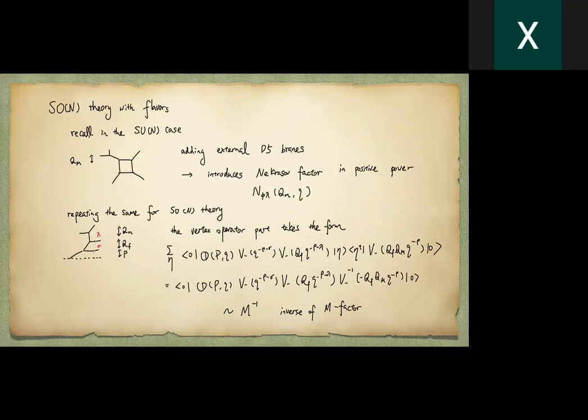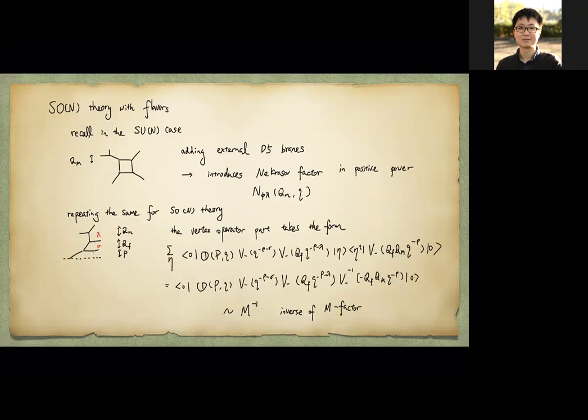It doesn't know the ADHM construction at the very beginning, but if we do the computation, at the end we will see that it produces the ADHM construction in the unrefined limit. But in the unrefined limit, something special happens. Some of the poles, some of the instanton configurations become trivial, so we do not have to consider them.